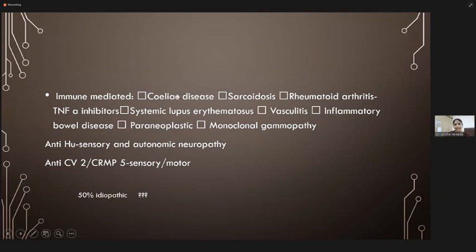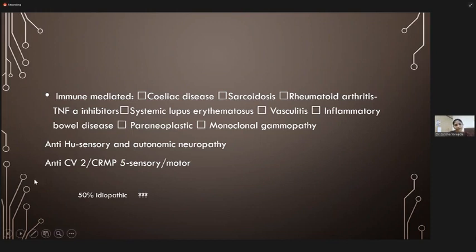You have to check for celiac disease, again autoimmune mediated, other vasculitis, and paraneoplastic. Paraneoplastic anti-Hu antibodies can cause both sensory and autonomic neuropathy. Anti-CV2 CRMP5 can cause sensory and motor neuropathy. So these are all the secondary causes of neuropathy. And in 50% of small fiber neuropathy, we don't have any cause, that is, they're idiopathic.